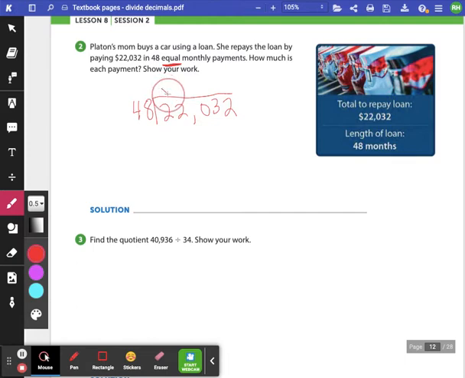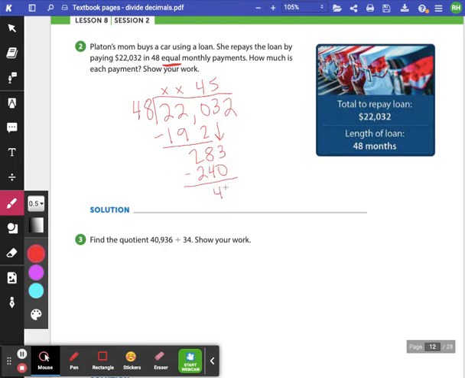I know 48 cannot go into 2, it cannot go into 22, but it can go into 220 4 times, which is 192. We would have 28 left over. I'm going to bring down my 3. 48 can go into 283 5 times, which is 240.